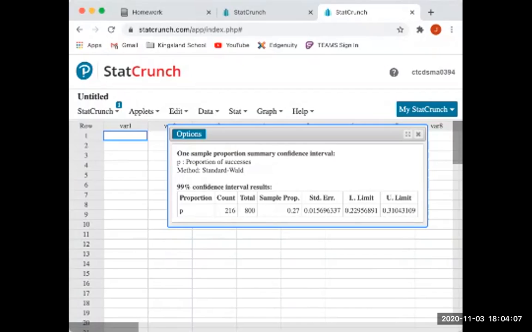So what I could say here is I am 99% confident that the proportion of people who get their news from television is between 22.96% and 31.04%.